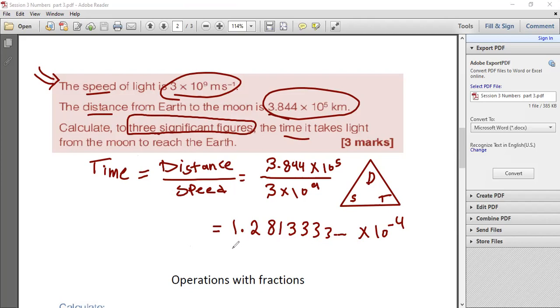Okay, so at least it will be like this, because you need 3 significant figures. Inshallah we have a lesson where I will explain in detail what 3 significant figures are. But here you take 3 numbers: 1, 2, and 3, and the next digit doesn't round up, so it will be 1.28 only, and you remove all of this, okay?